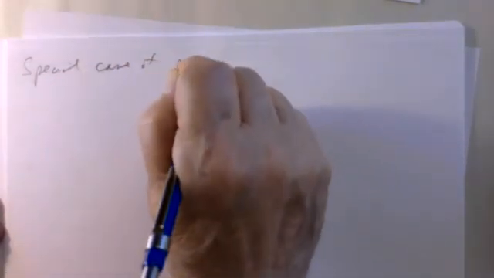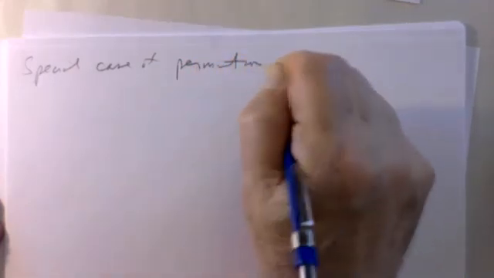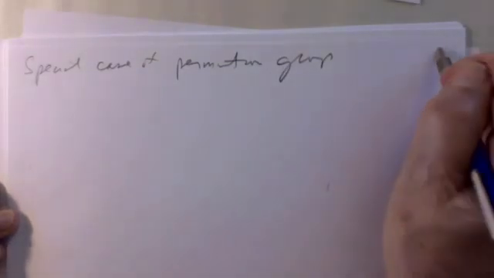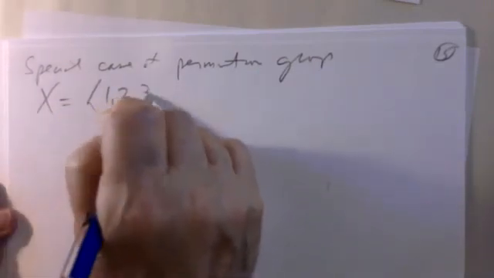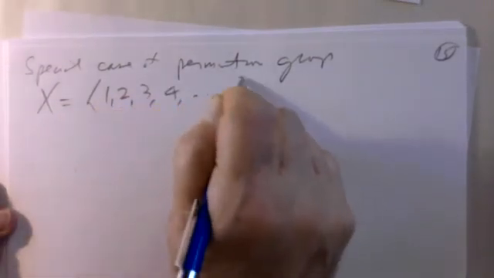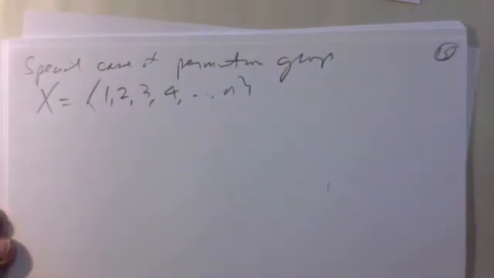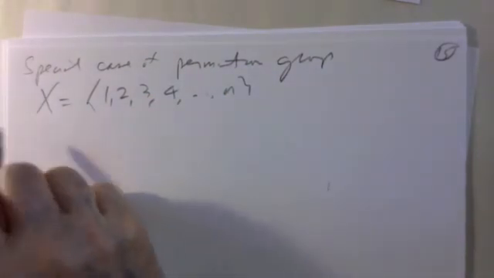And a very important special case of a permutation group is the following. It's the case that occurs when the set X is a finite set consisting of just the first n positive integers.